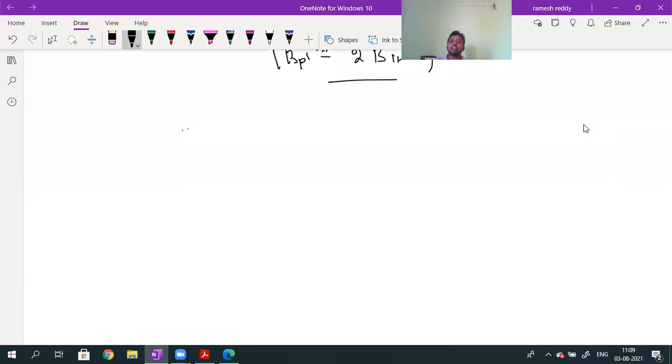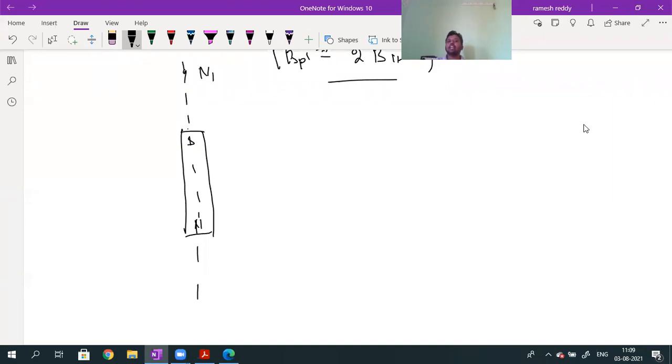Now the bar magnet is considered. The north pole is placed toward the geographic south. Whenever the north pole is placed toward the geographic south, where will you get the null point, on the axial line or on the equatorial line? On the axial line. Let me consider one point N1.